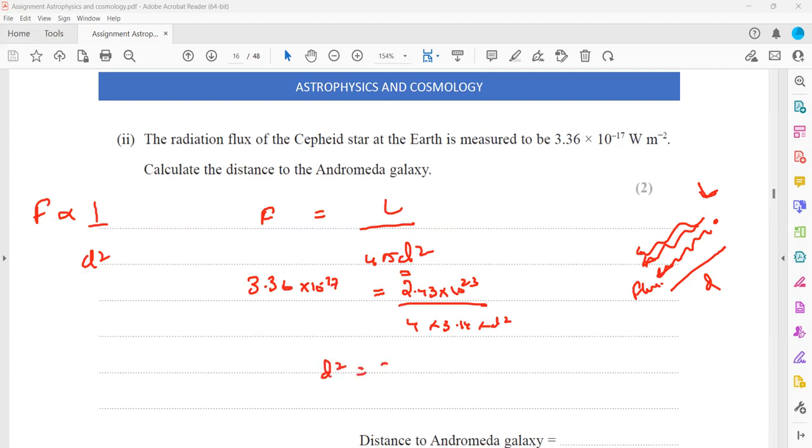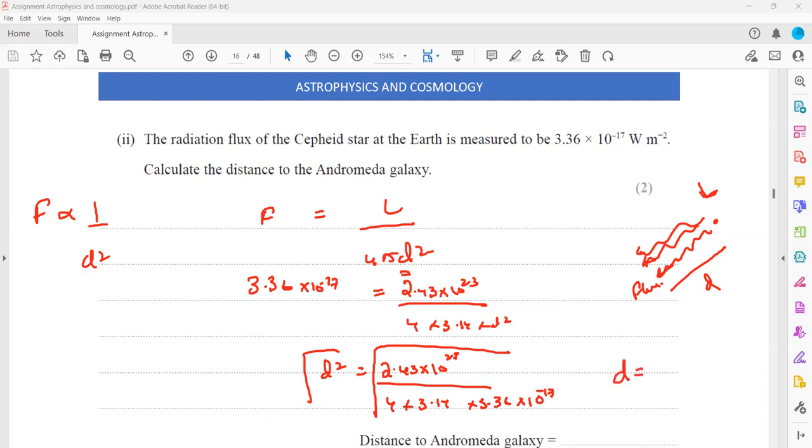D squared equals 2.43 times 10 to the power 29 divided by 4 times 3.14 times 3.36 times 10 to the power minus 17. And because it is d squared, we take the root. This gives us the distance, which is 2.4 times 10 to the power 22.